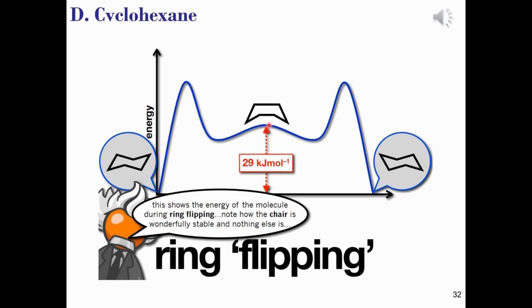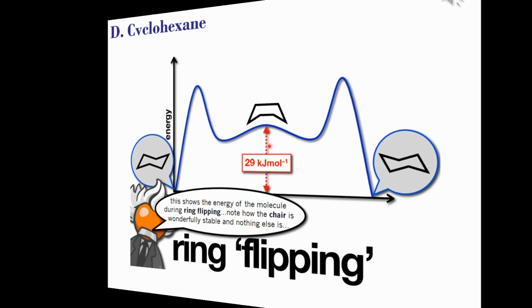The other energy maxima result from either a twist or a half conformation, and so I'm not really going to consider these any further. The difference in energy, however, between the chair and the boat is about 29 kilojoules per mole.